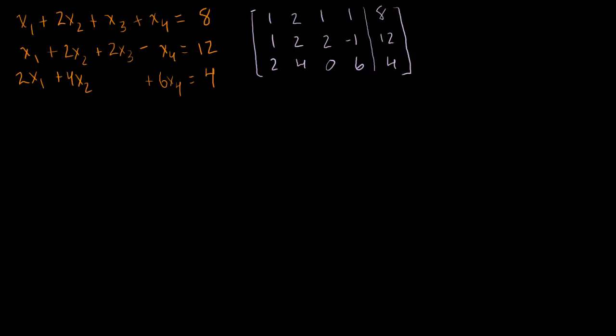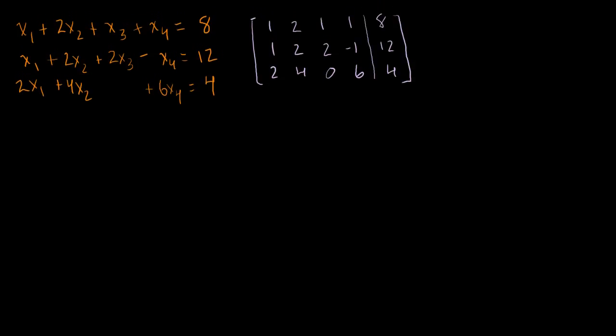Now let's put this into reduced row echelon form. The first thing I want to do is zero out these two rows right here. I'm going to keep my first row the same for now. So it's 1, 2, 1, 1, 8. And that line essentially represents my equal sign.